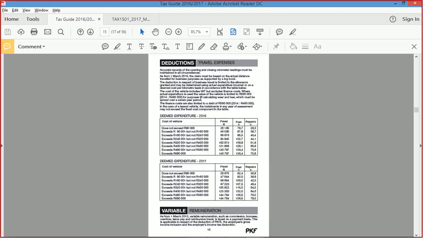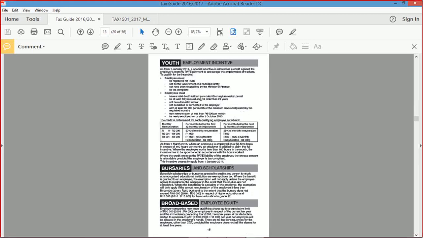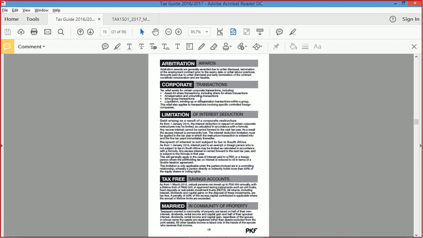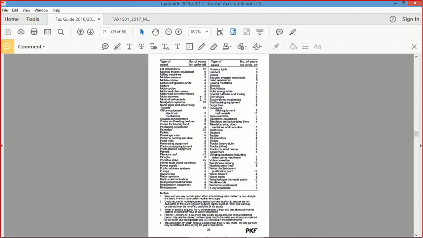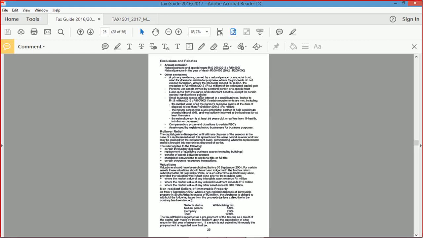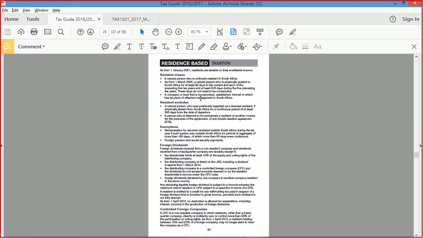Medical aid contributions. We're looking for the deductions. No, not there. Fringe benefits.